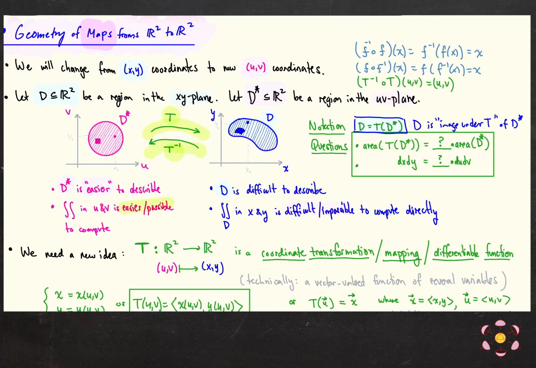Now the key question is, we want to figure out what happens to areas. We've got the area of that kind of peanut shape in blue. How does that relate to the area of D star? Clearly, whatever this shape is, it's a different shape, potentially a different size than this thing over here.